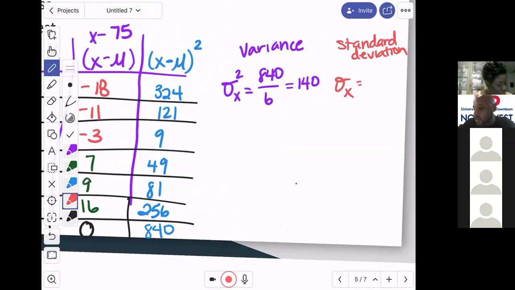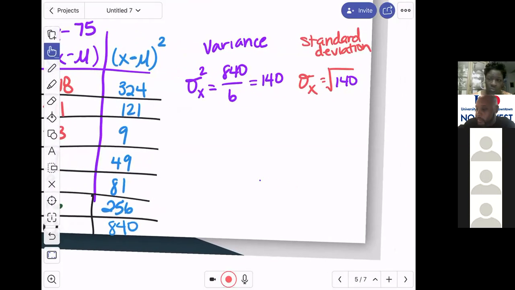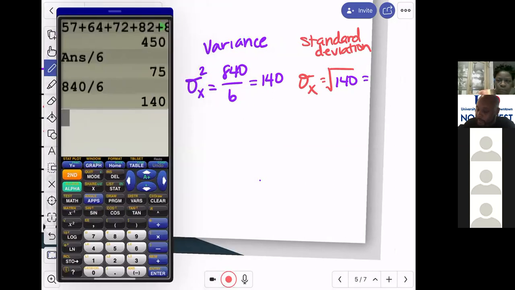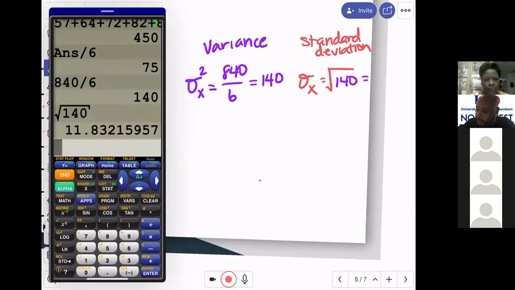And all we do is take the square root of the variance, which is 140 here. Square root of 140 is 11.832. So that's how we did it last time.